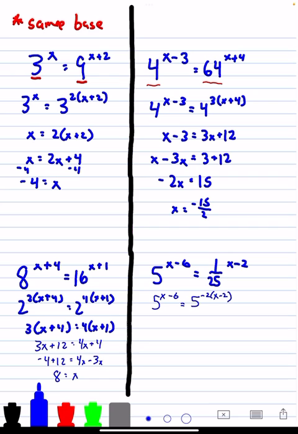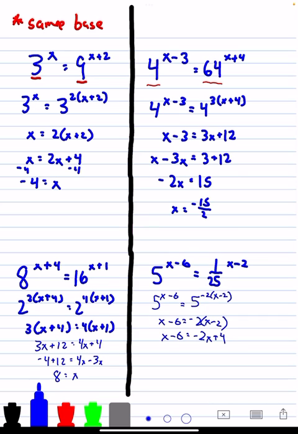Okay? We stick to the rules. We have the same base. x minus 6 is equal to negative 2 times x minus 2. x minus 6 is equal to negative 2x plus 4.